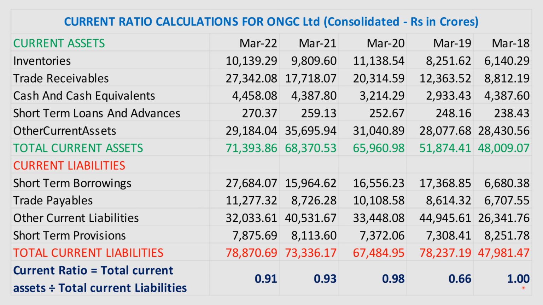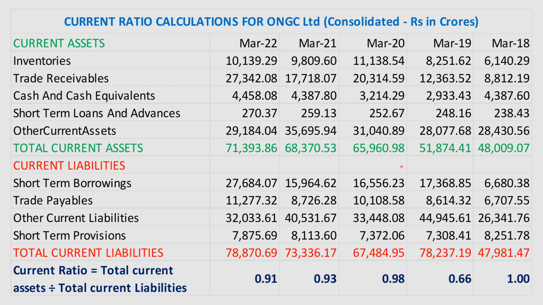But the current ratio has come down. Why? Because the increase in current liabilities is very high when compared to the increase in current assets. So both current assets and current liabilities are increasing during these two periods. But the percentage of increase of current assets is less when compared to the percentage of increase in current liabilities. That's why the current ratio has come down from 1 to 0.66.